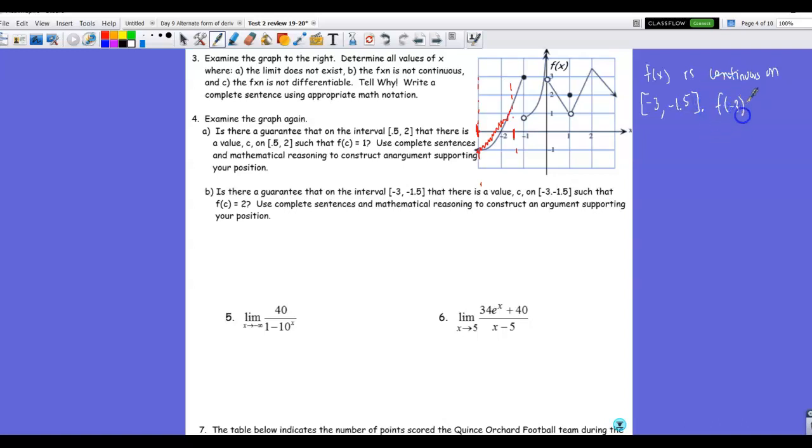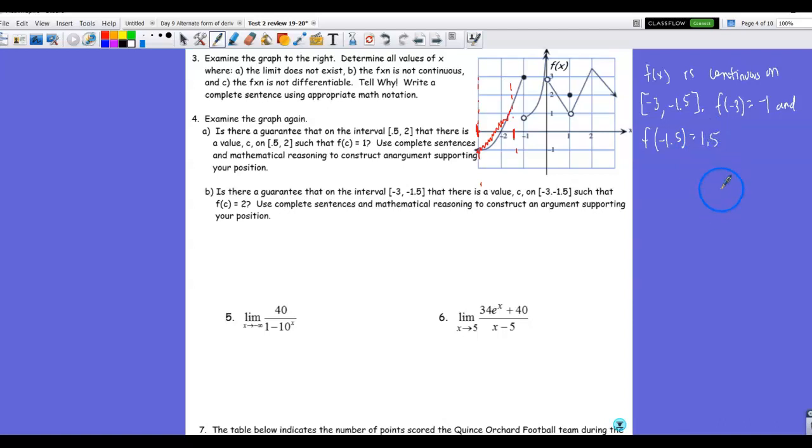F of -3 is equal to -1, and f of -1.5 is equal to, well, it's less than 2, so I'm going to say maybe 1.75, maybe. Actually, it looks like it's about 1.5. We're just estimating, and that's okay.